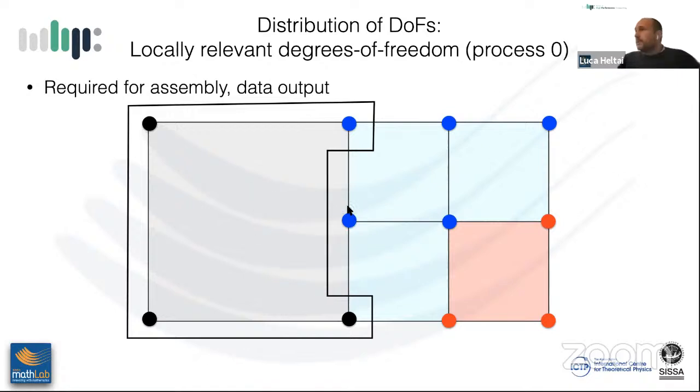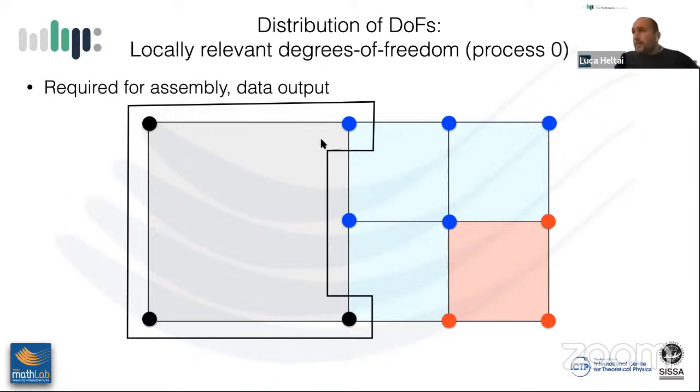And of course, the hanging nodes do not belong to this guy because it doesn't know about the hanging nodes. The hanging nodes logically belong to the other process. So this guy here, for example, needs access to 1, 2, 3, and 4. So it will also need to access this guy as a locally relevant degree of freedom to produce, for example, output or to produce some error estimates.